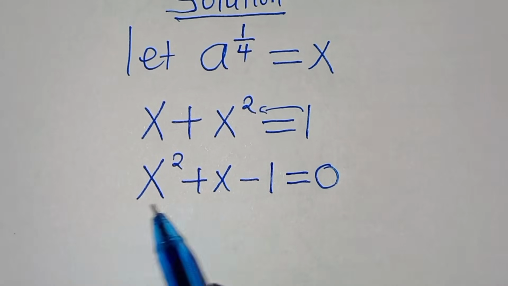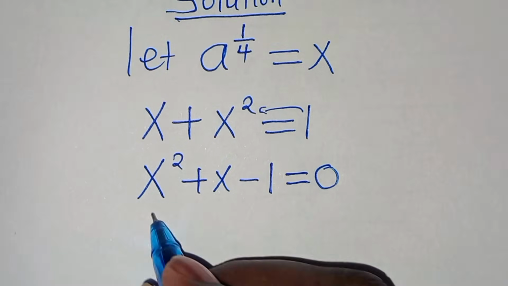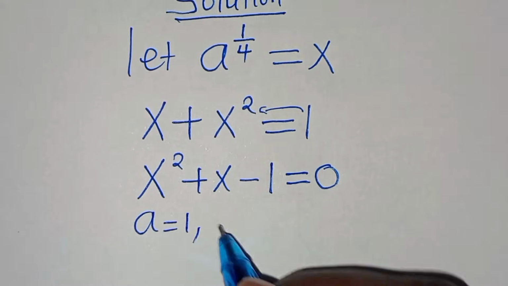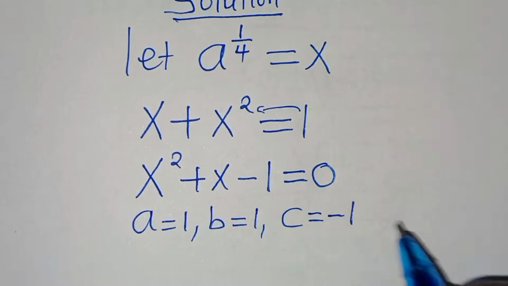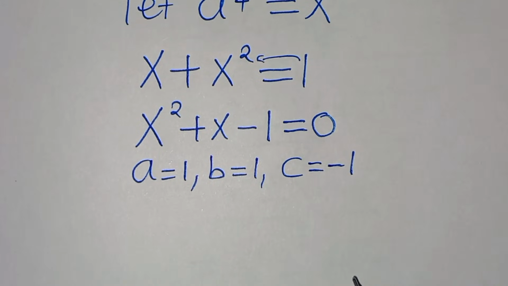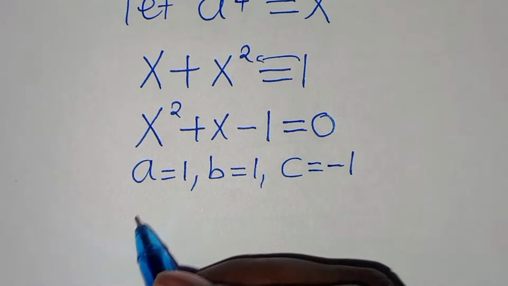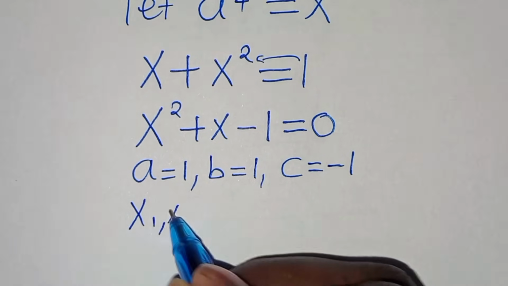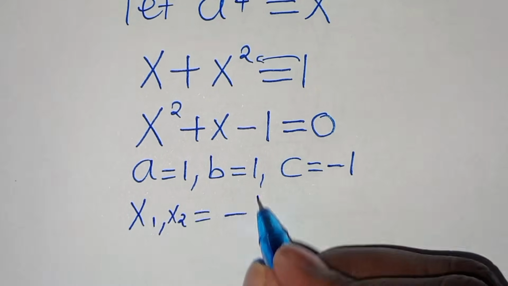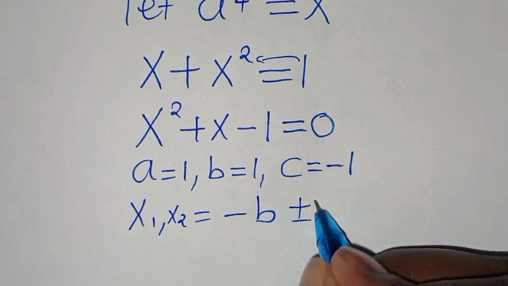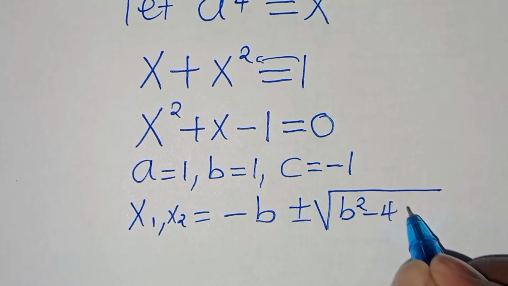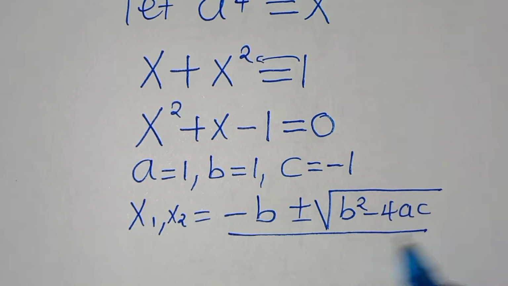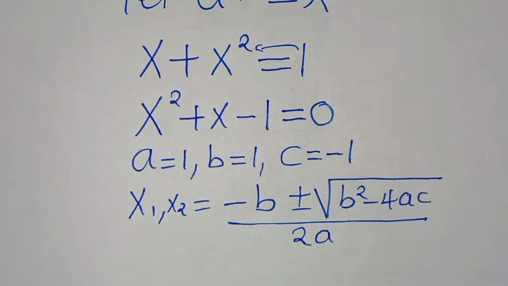So we form a quadratic equation here where we have a is equal to 1, b is equal to 1, and c is equal to minus 1. So we can solve for x1, x2 here by applying the quadratic formula, which is minus b plus or minus the square root of b squared minus 4ac, everything here divided by 2 times a.